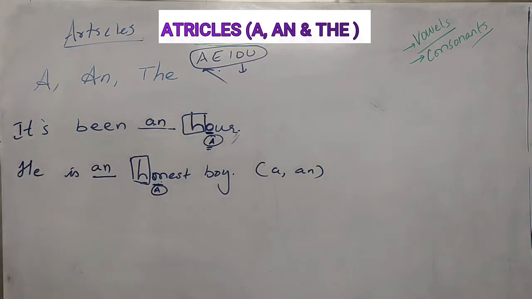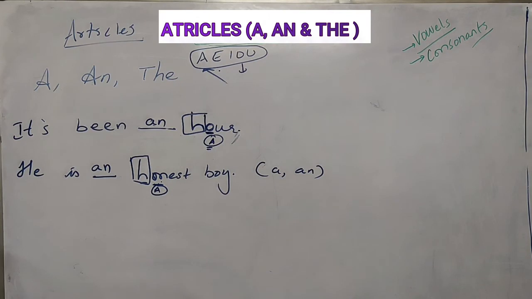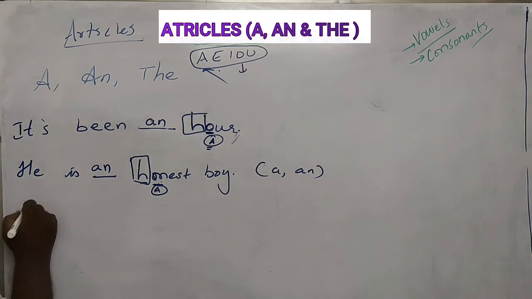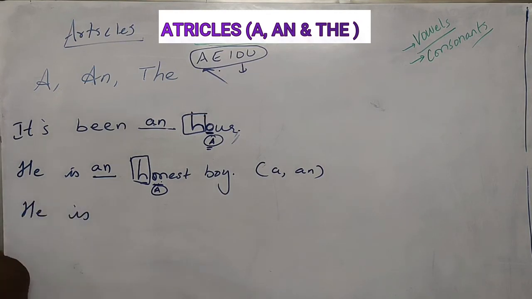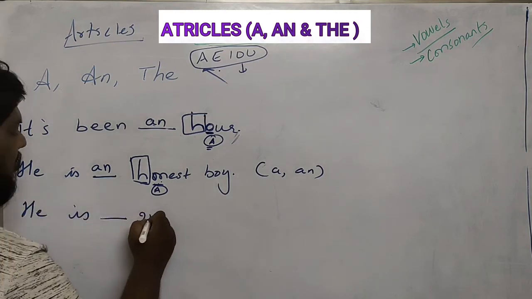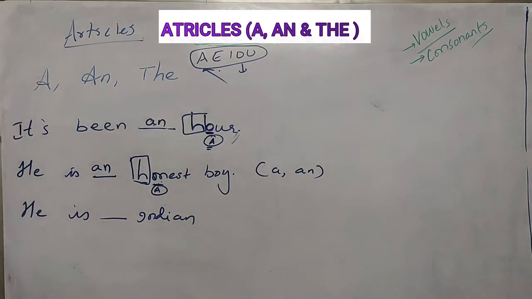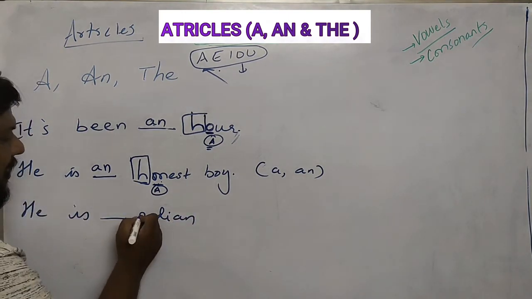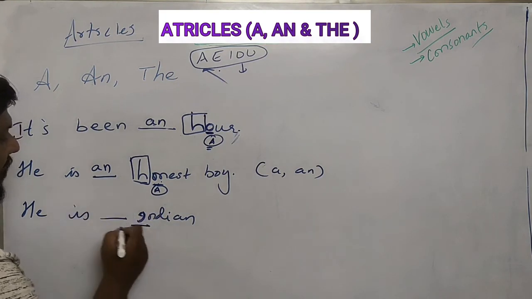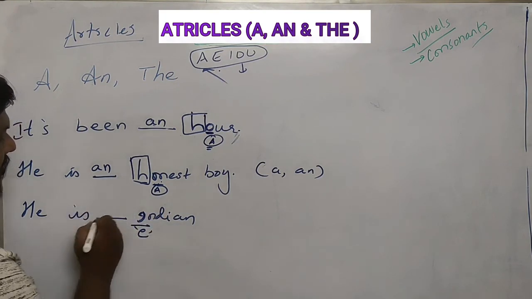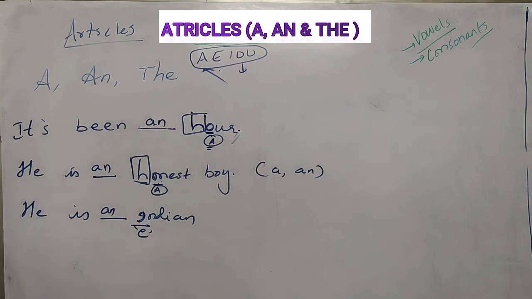That's why you write here "an". Okay children. So we'll go ahead with one more example. He is dash Indian. A or "an"? Again we'll go ahead with the sound, "Indian". It is E. So again we'll write here "an".